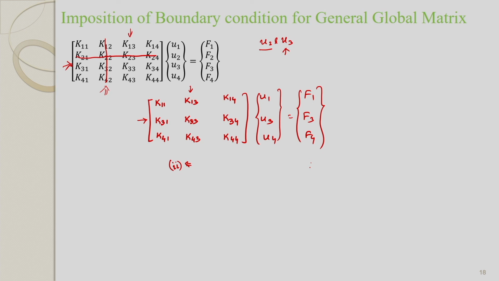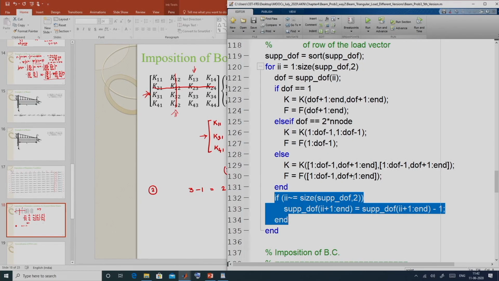So, now we have to eliminate degree of freedom 2 instead of degree of freedom 3. So, after eliminating degree of freedom 2, all the suppressed degree of freedom numbers should be reduced by 1, because due to this elimination their number reduces by 1. So, that is done in this step.